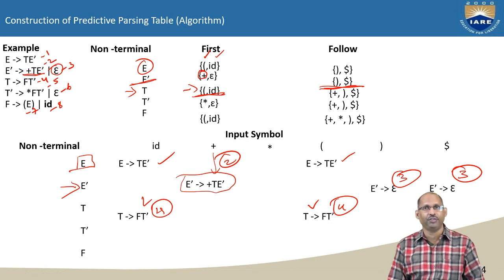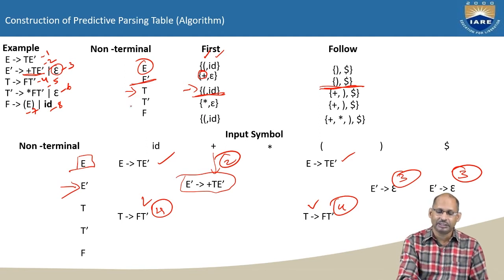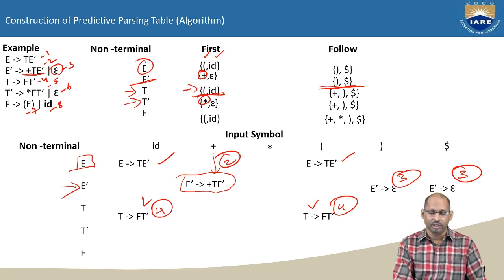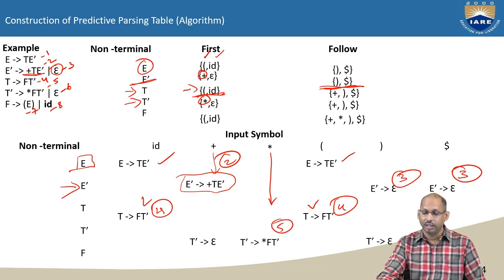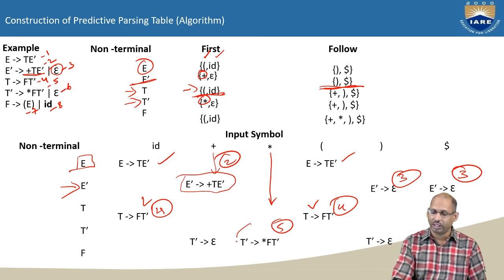Then for the fifth production, for T dash, it is multiplication. T dash gives multiplication FT dash.